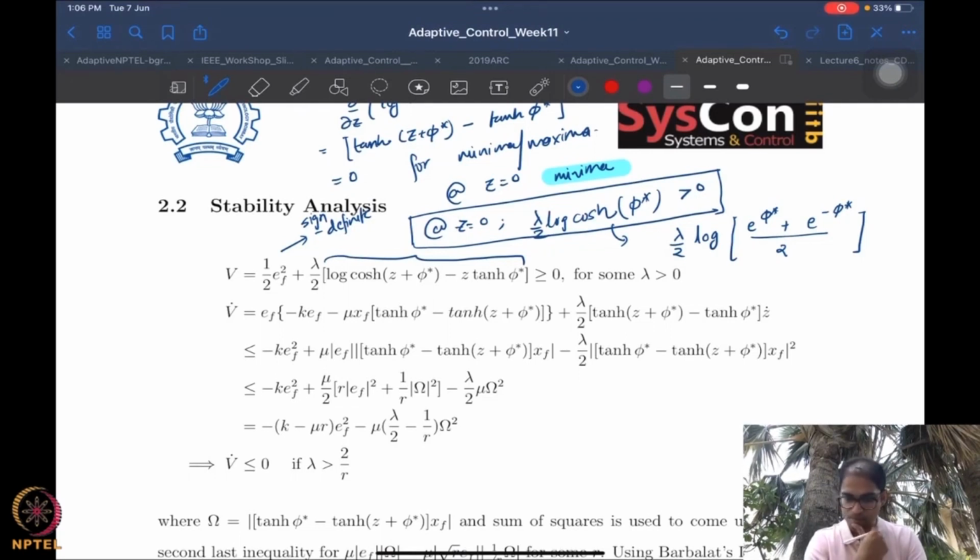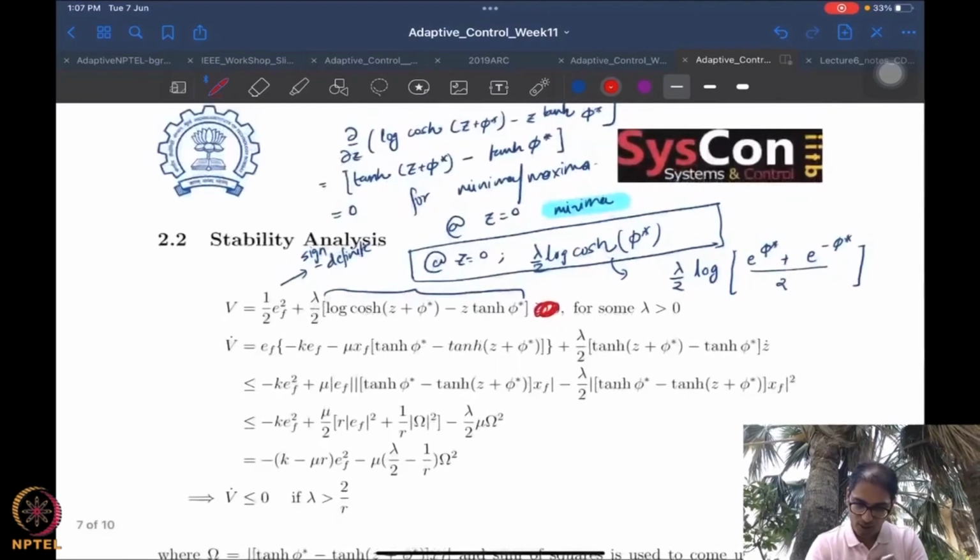It may be possible. It's not impossible for this to be negative too. But the important thing to remember, I don't want to say that this part is necessarily positive semi-definite. I believe this is certainly lower bounded.